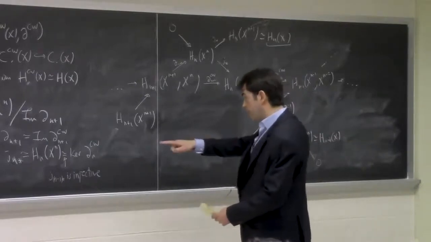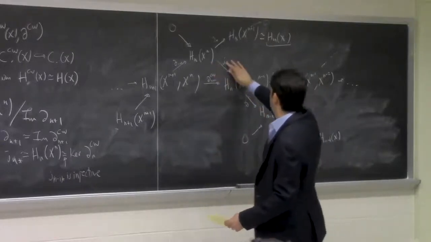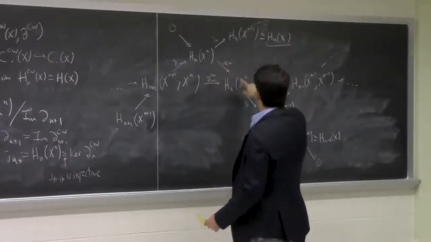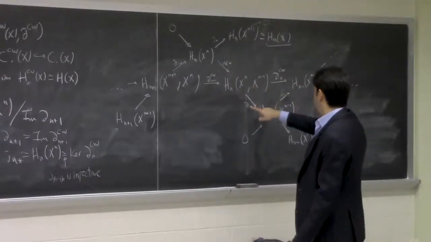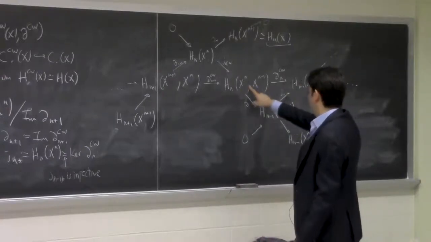So the image of Jn, so I should put an n, the image this way is the kernel of this map.